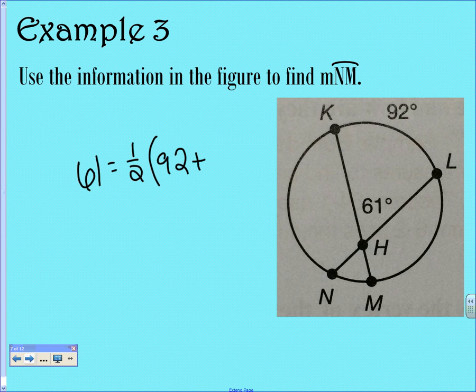Plus what? Why? Because that's your formula? Okay, so what would I do? I don't want to do that, because then I'm going to have half of arc NM. What could I do instead?